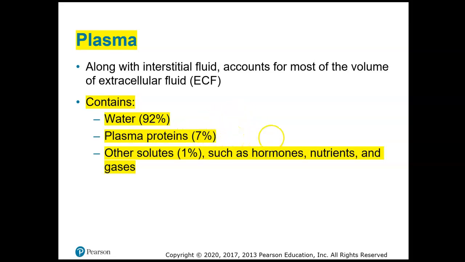There are different plasma proteins we'll talk about on the next slide that are mostly produced by the liver. The plasma also contains other solutes, such as hormones, nutrients, gases, and ions.